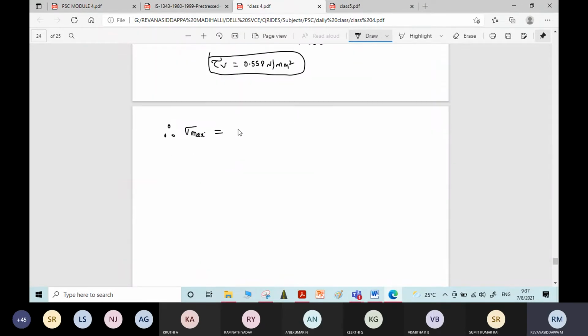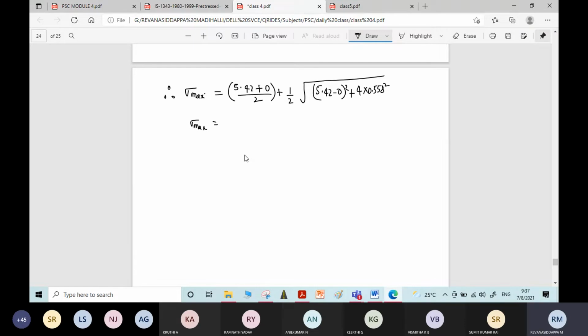Fx is 5.42 plus 0, whole divided by 2, plus half of root of (5.42 minus 0) whole square plus 4 tau v square, into 0.558 square. That gives 5.734 Newton per mm square.